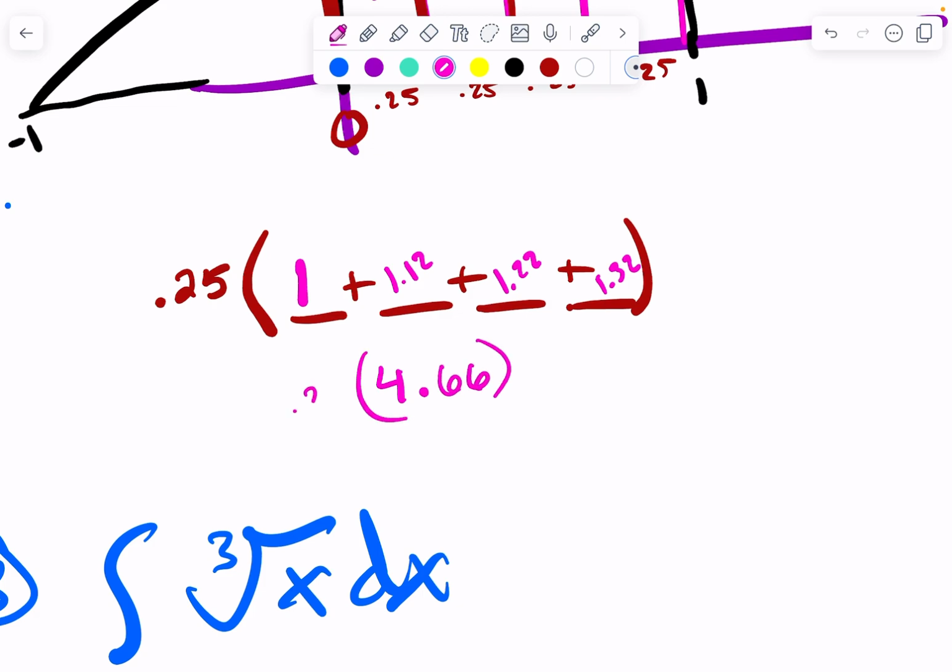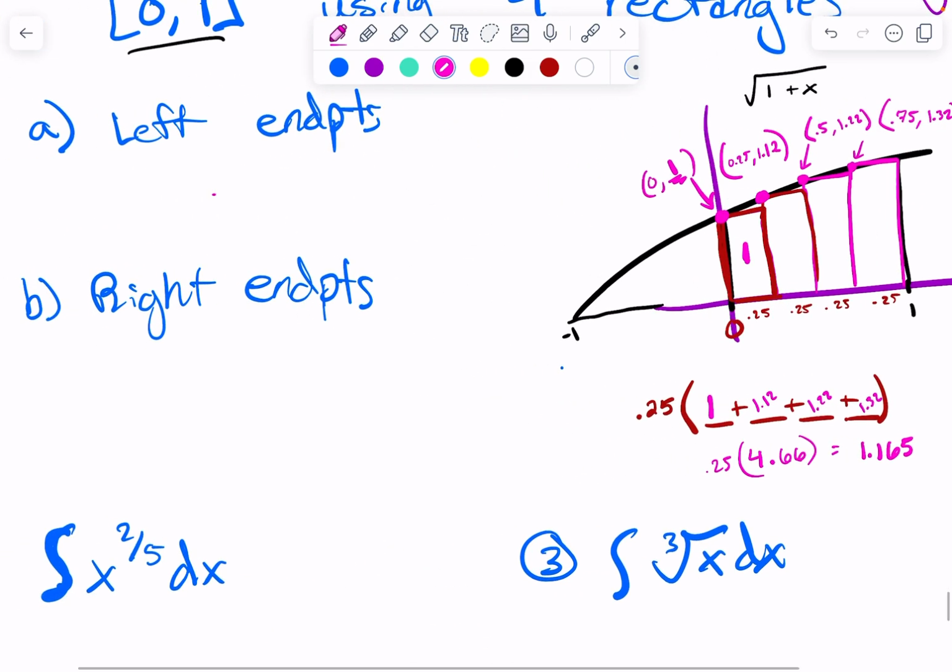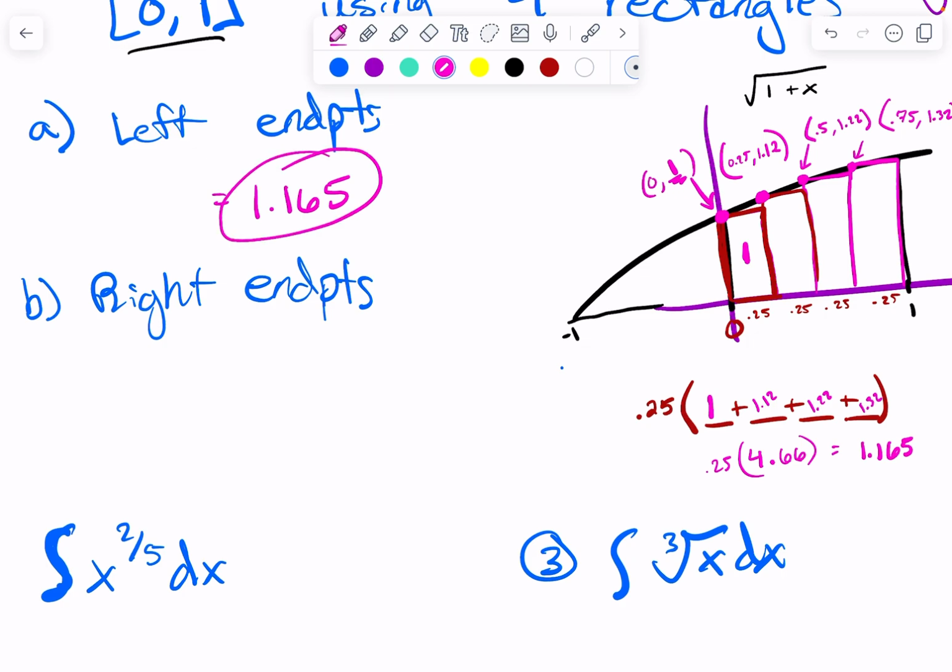But I still have to multiply that by 0.25 on the outside. So 0.25 times 4.66, and I get an area of 1.165-ish, according to how I rounded. That's the left endpoints, 1.165. And that's what his area is.